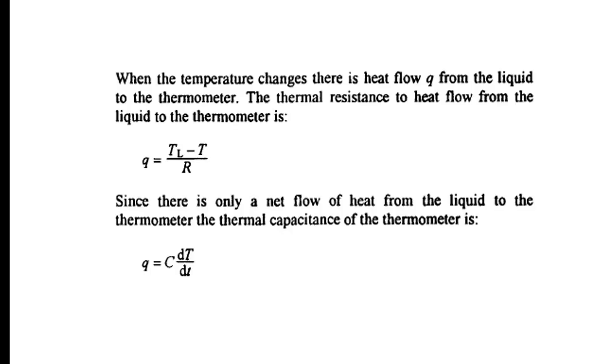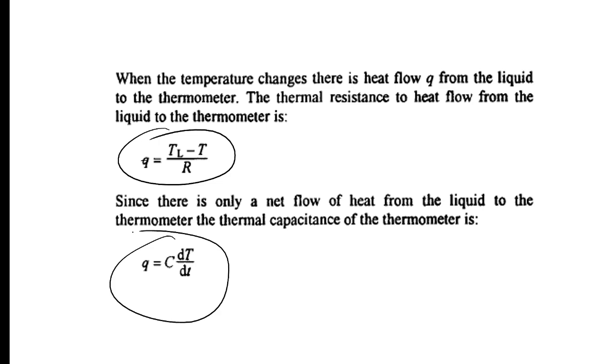And you're going to equate this equation with the so-called thermal capacitance of that particular thermometer. The thermal capacitance is C, which comes from m c, or small c, delta T. Now the contraction of this is just the thermal capacitance.